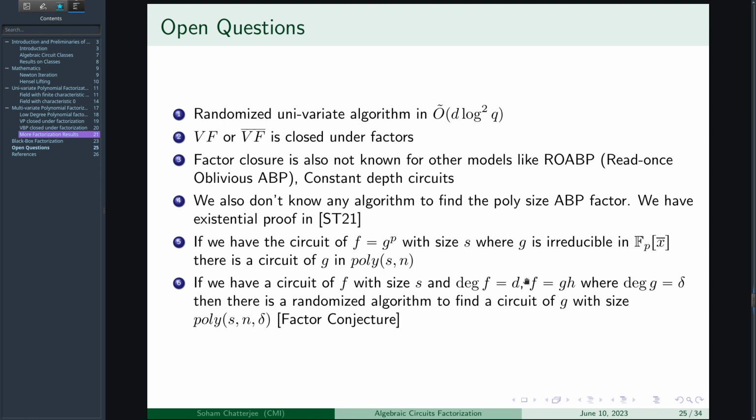And many other things make it very complicated. And the last is the factor conjecture, that we remove the dependence on d and make it dependent on the degree of the final factor. We have a randomized algorithm to find a factor in time polynomial in s, n, and d, but we don't know if we can remove the d and make it dependent on the final degree of the factor. That's the factor conjecture.